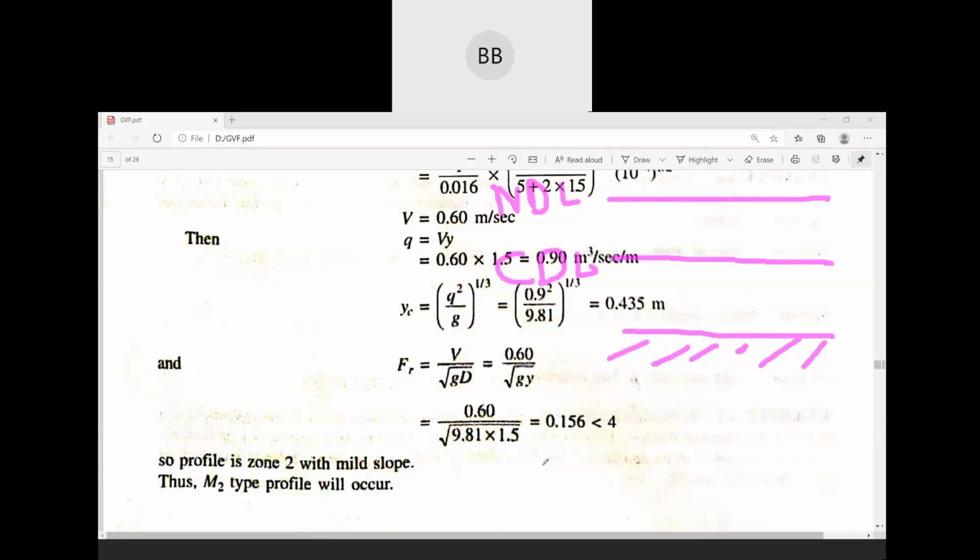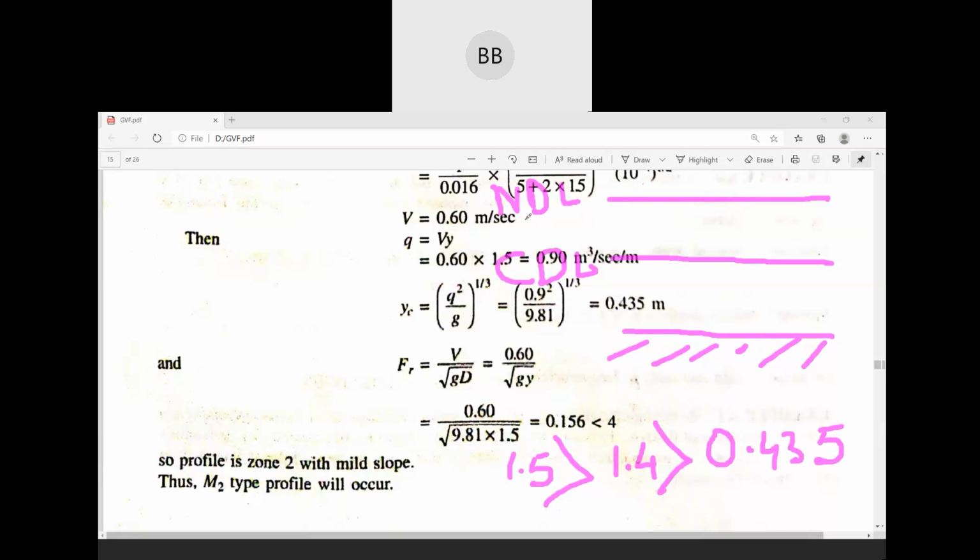Now what it says is that initially it was 1.5 meter. Then, because of the canal fall, it is reduced to 1.4, which is greater than your yc value, that is 0.43. Now this is your CDL and this is your NDL.